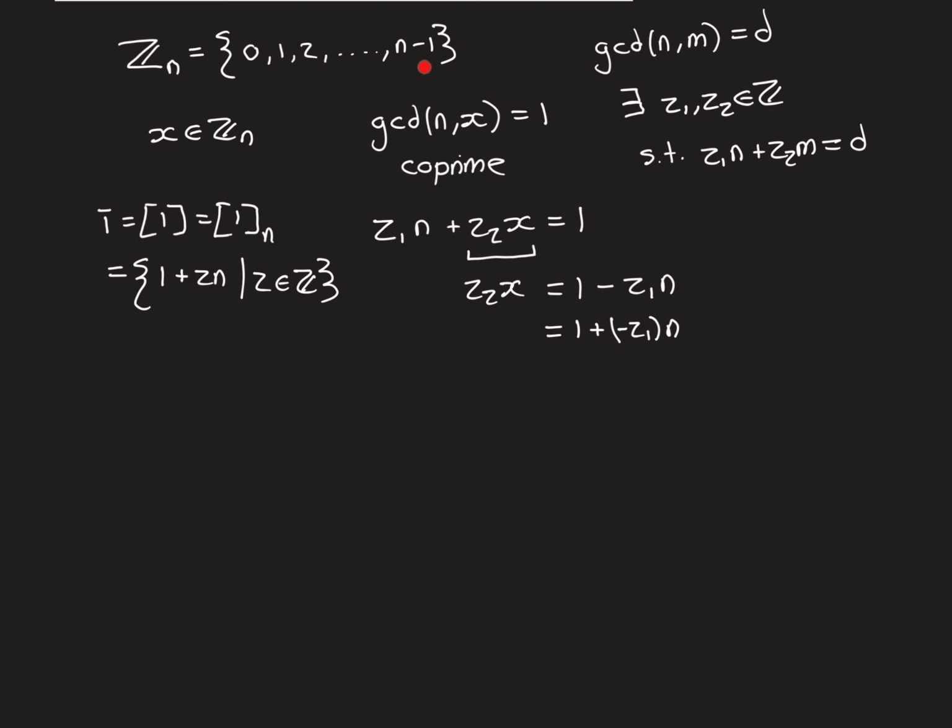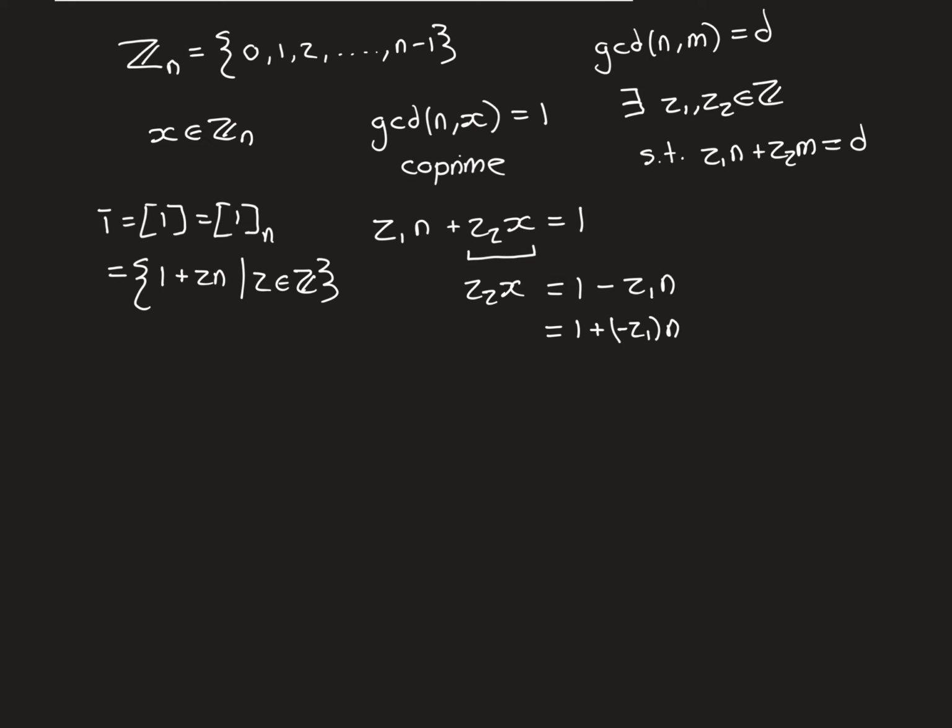So it's going to be in the congruence class of one of these elements. And when you multiply two things together using the congruence classes, we know that it's well defined, so it doesn't matter what representative you pick. So if we can find something that's in the same congruence class as z2, that is in here, and we'll be able to do that, then that thing times x must give you something that's in the same congruence class as what z2 times x gives you, i.e. it will give you something that's in the congruence class of 1.